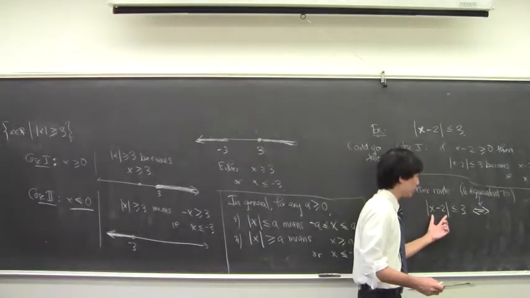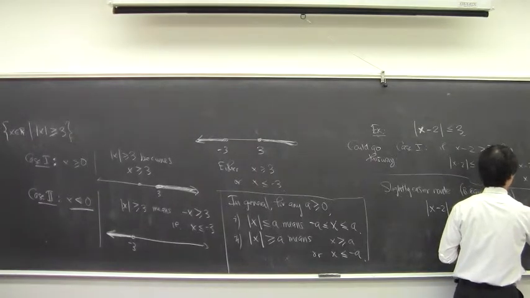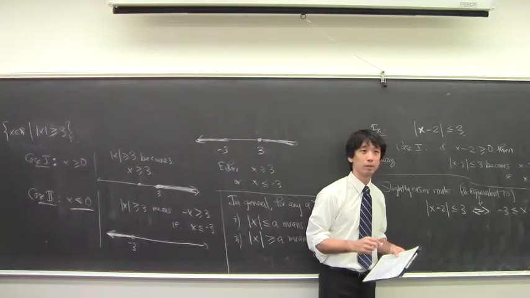So for this thing to be less than 3 means that x minus 2 lies between negative 3 and positive 3, right?